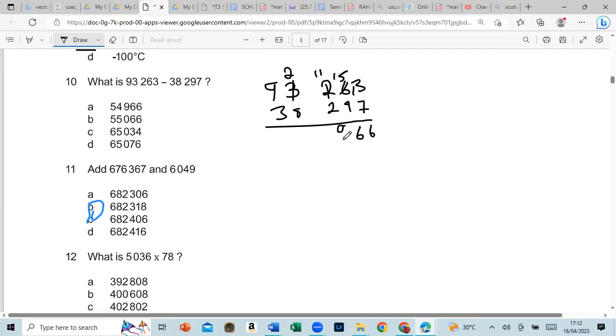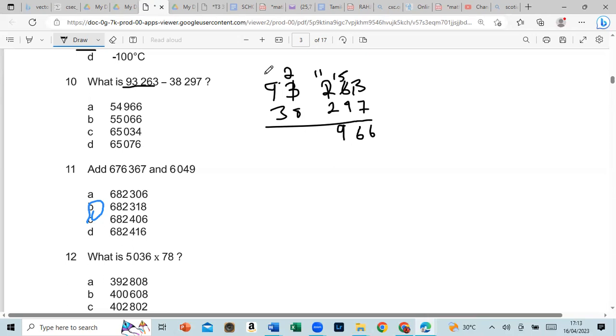Guys, if you can't take away properly, you could add each one of them to 38,297, and whichever gives you the total, you know that is correct. If you're not very good at subtracting, which you should be, you could have done that also.